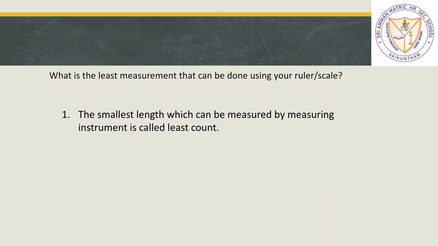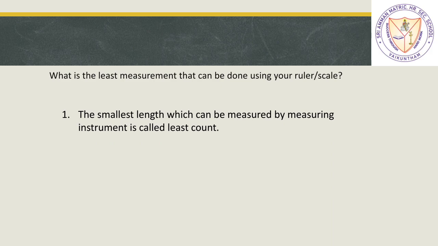In this we are talking about length. If we are talking about a different physical quantity, you can define the same thing: the least count is the smallest quantity which can be measured by the measuring instrument.